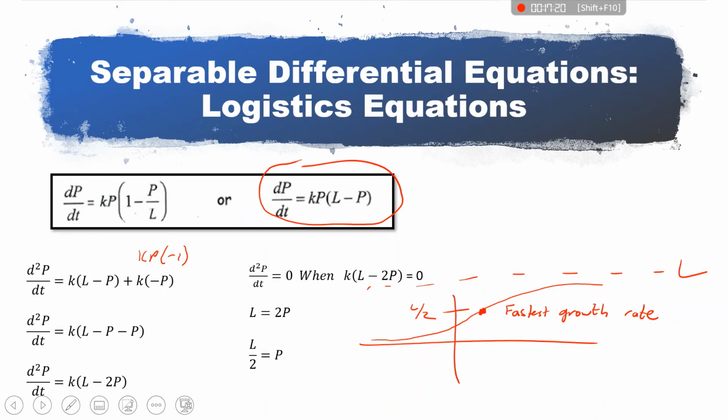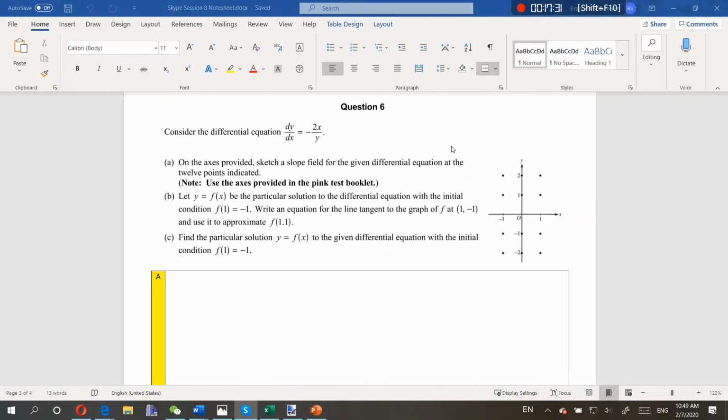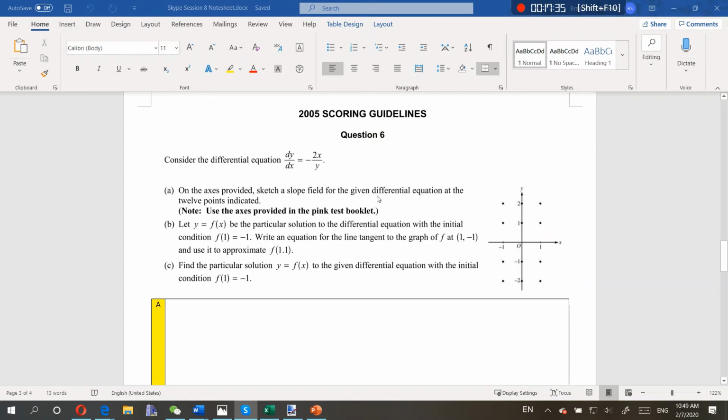So let me break out of this and we'll take a look at one problem. Okay, so this is actually one from your homework. So I'm hoping you guys have done this one already.